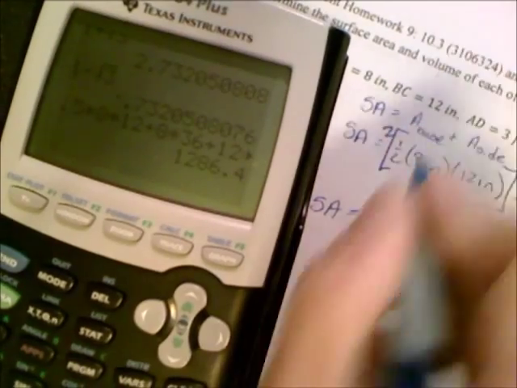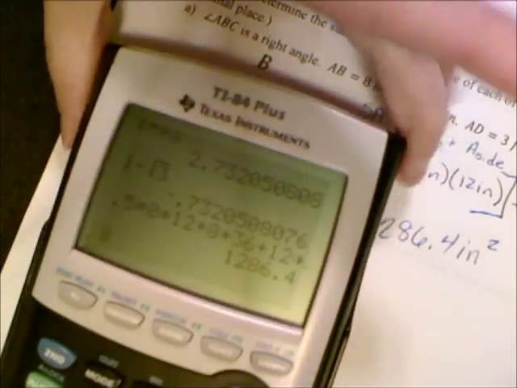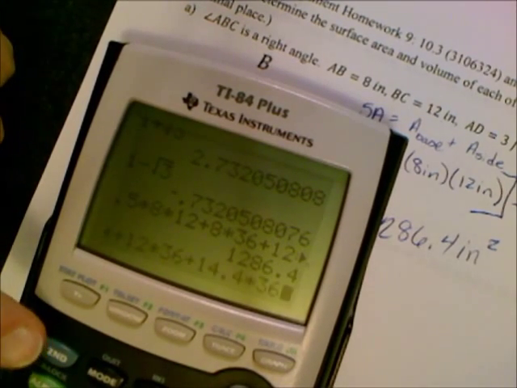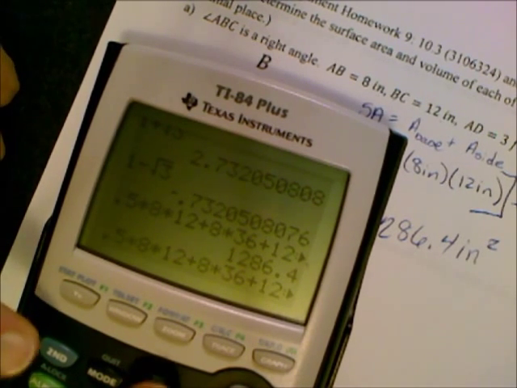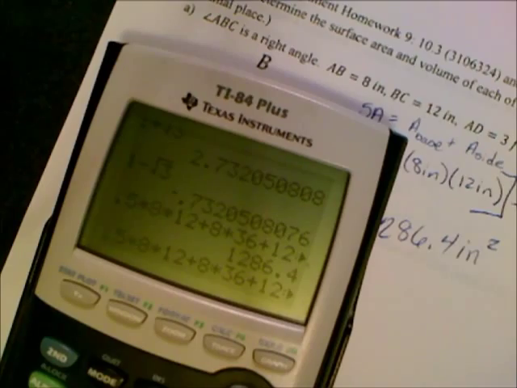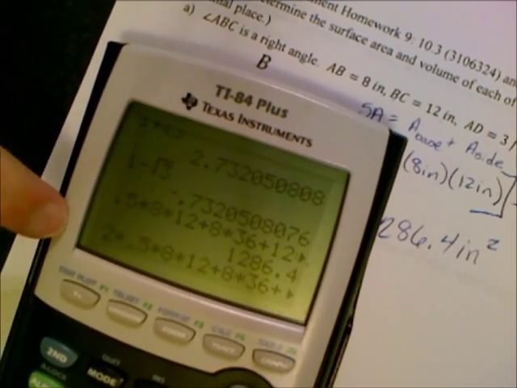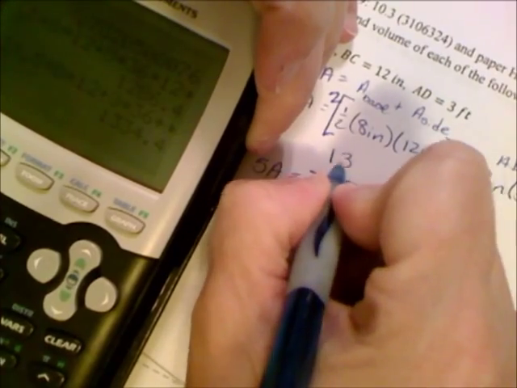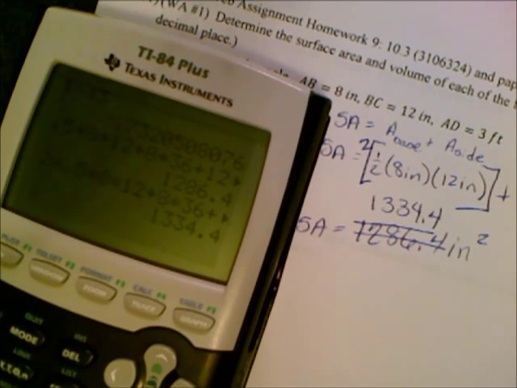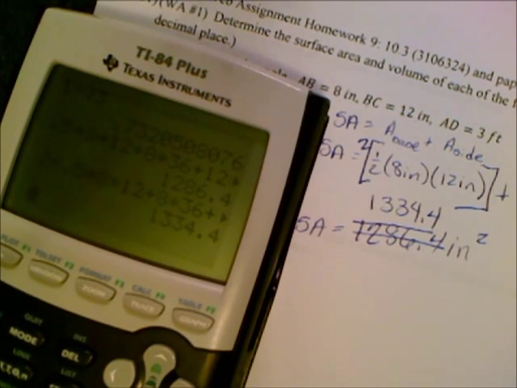Right here, I forgot to multiply that by 2. So I'm going to go back in, and I'm going to insert 2 times at the beginning of this equation because I forgot to multiply my 2 bases together. When I do that, what I come up with is 1334.4, which is close to what the sheet says.